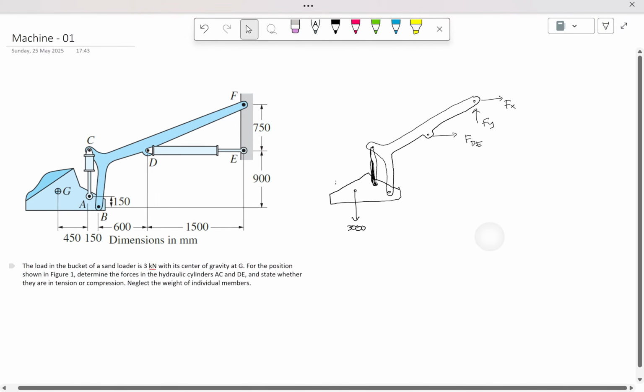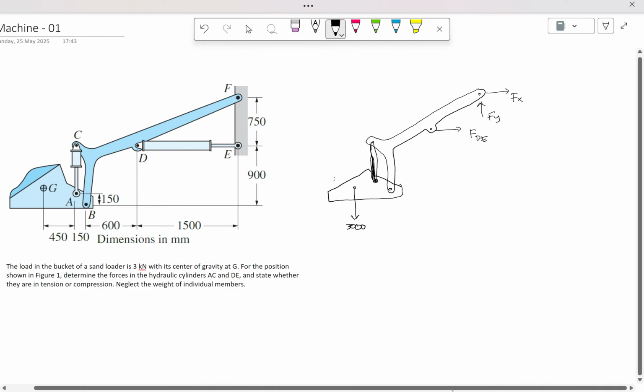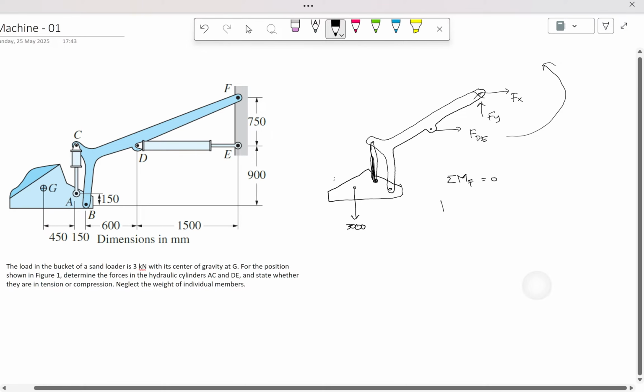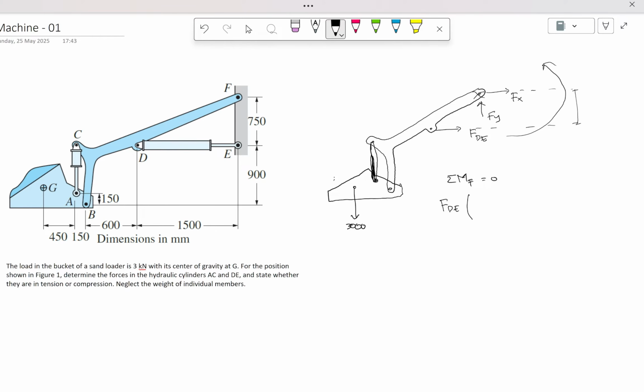So let's calculate. If you analyze this, you can take the moment at F, sigma moment at F equals 0. FDE will create a counterclockwise moment, so it's positive FDE times the distance of this loading from the center of moment, which is 750 in this case.